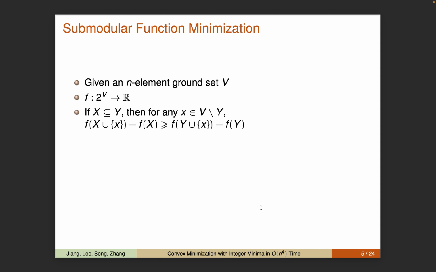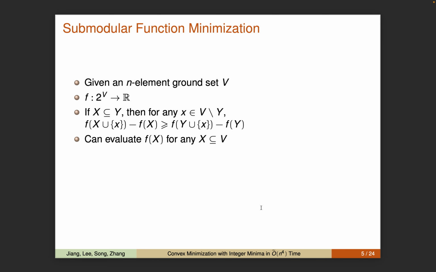And we say the function f is submodular if it admits this marginal cost property, in the sense that suppose you have two sets x and y, x is a subset of y, and you add an arbitrary element that is outside of y, then the function value increase of f of x union this new element is greater than that of f of y union this new element.